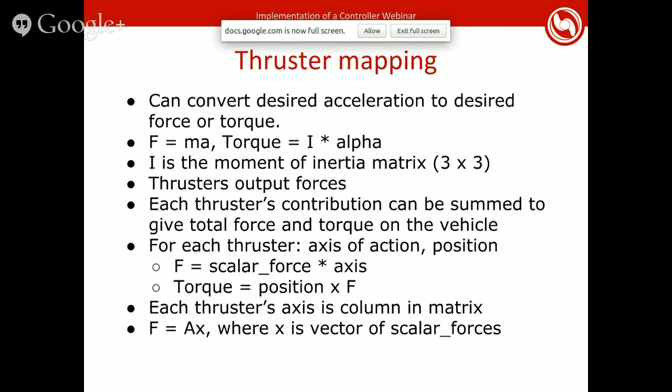A desired acceleration in the roll axis will need less torque to achieve than the same magnitude acceleration in the pitch axis. The moment of inertia captures this and is able to do this conversion for us. The way you can calculate the moment of inertia is, if you have a SolidWorks model of the vehicle, there are tools in there that will help you do that.